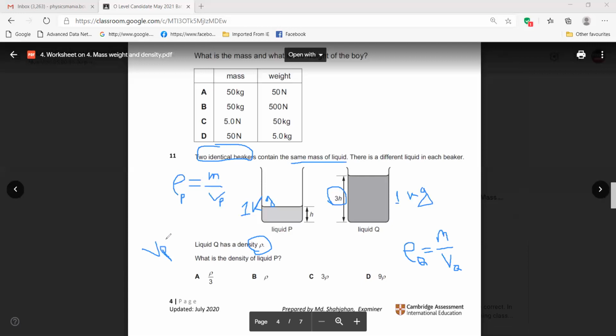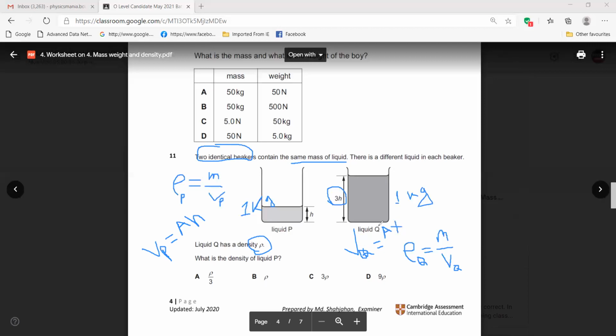For a cylindrical shape object, we have the formula for the volume, A into H. And for liquid Q, we are having VQ this way. Area into height, cross-sectional area multiplied by height.